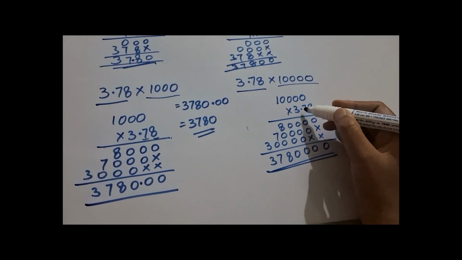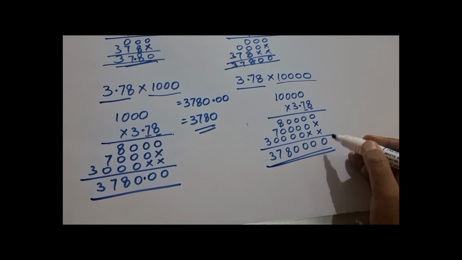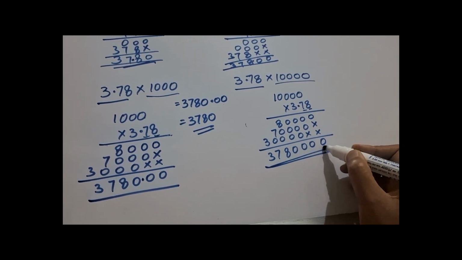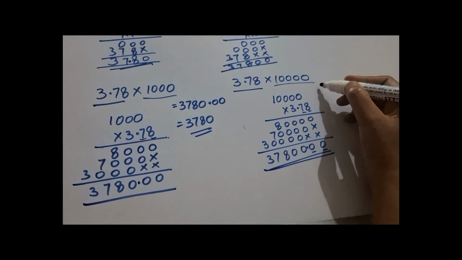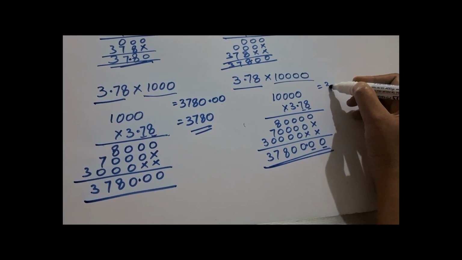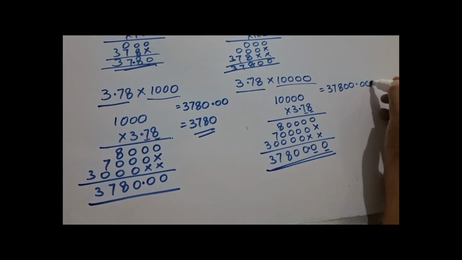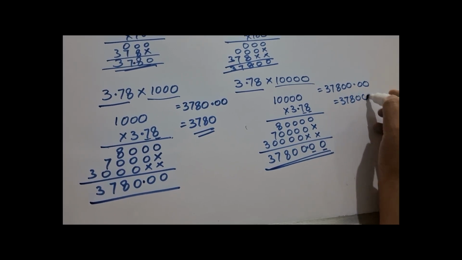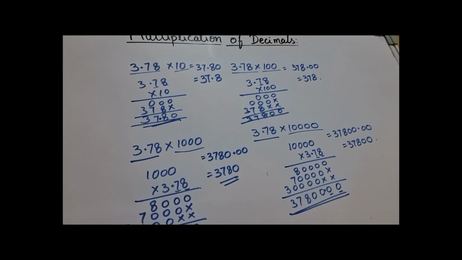In this answer, we have two decimal places. So leave two digits from the right side, and here you need to put the decimal point. So the answer for this one is what, children? 37800.00. That means it can be written as 37800. Okay children.